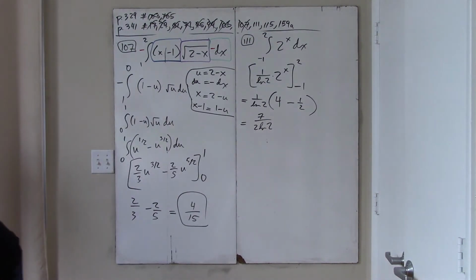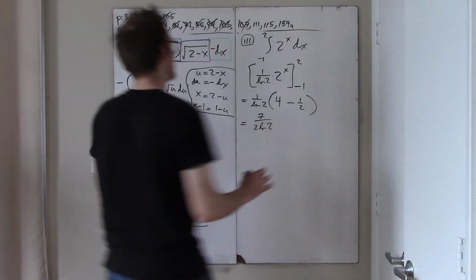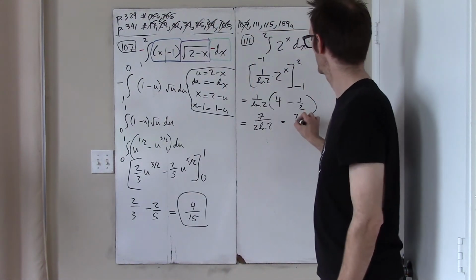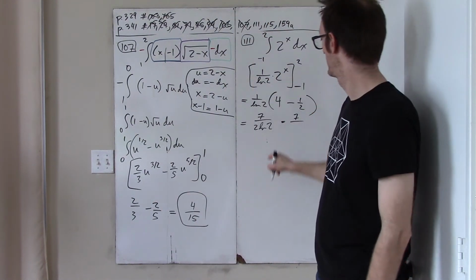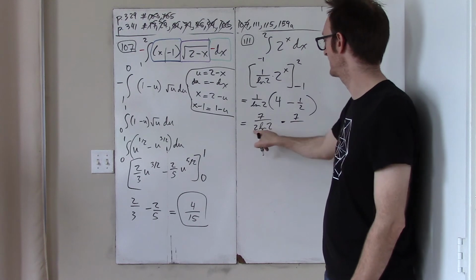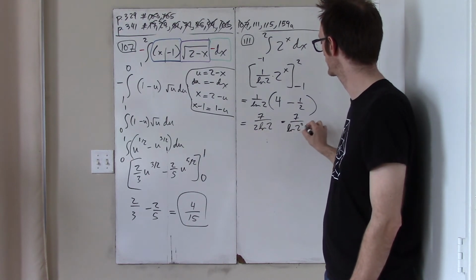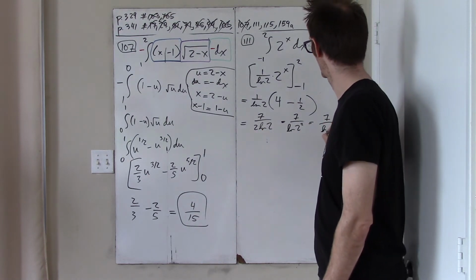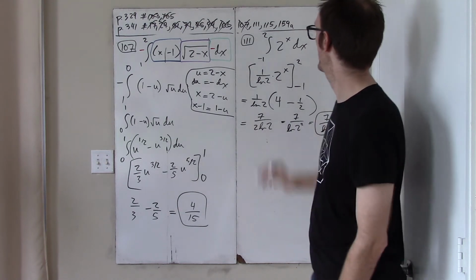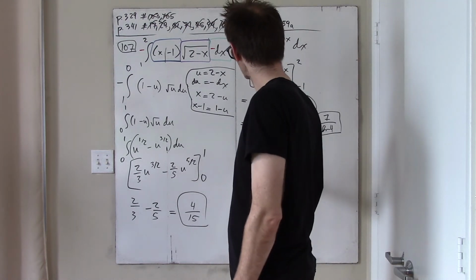I bet the book probably does some fancy thing. I'm not checking myself. But of course you can, if you so desire, rewrite this as ln of 2 to the 2, so this is 7 over ln 4. That's how the computers want to write it.